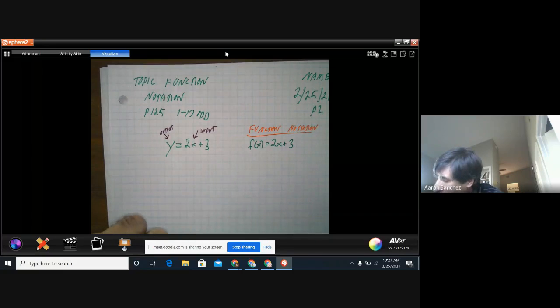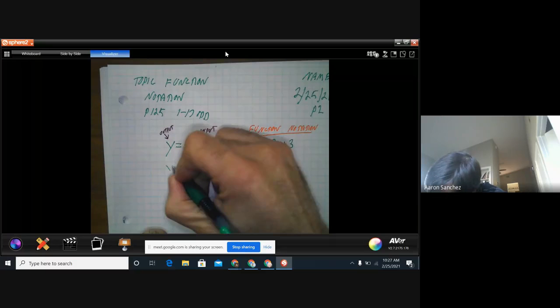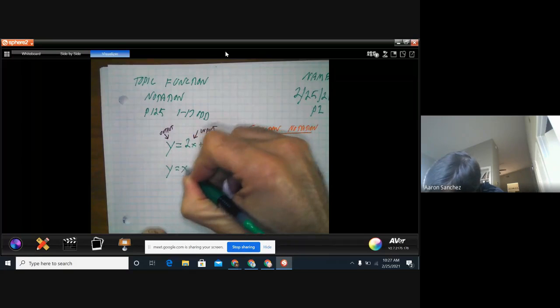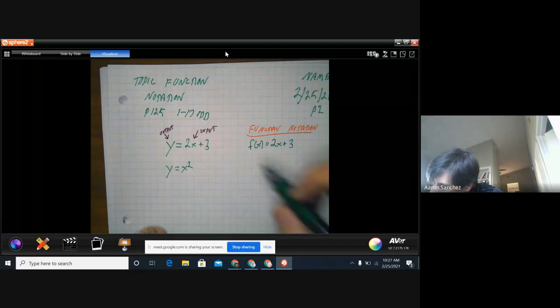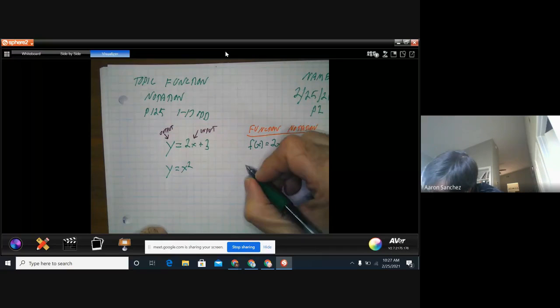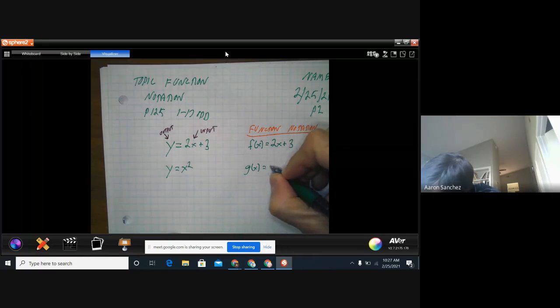Now, you can potentially have another equation. So I say y equals x squared. Well, if you have another equation, then you'd label it another letter. Instead of f of x, you just give it another name. And usually, if we don't do f, we do g. g of x equals x squared.